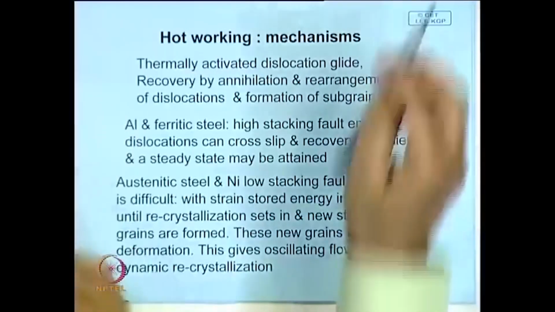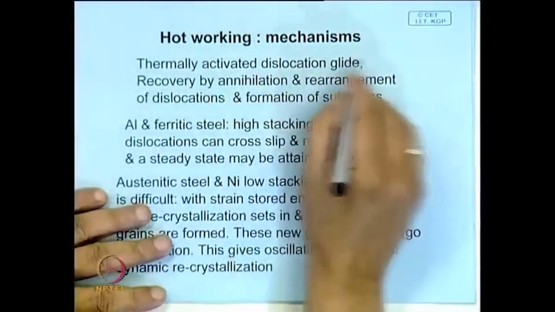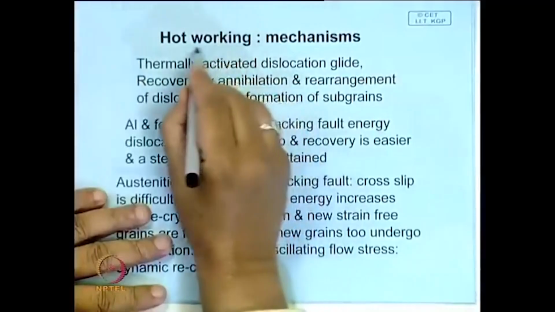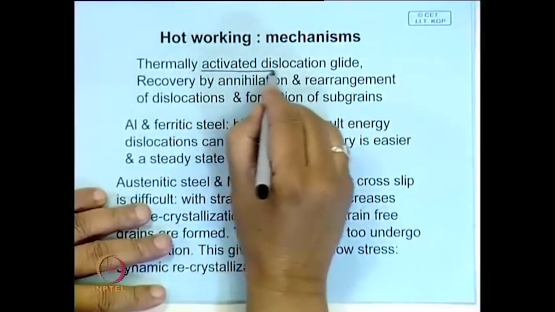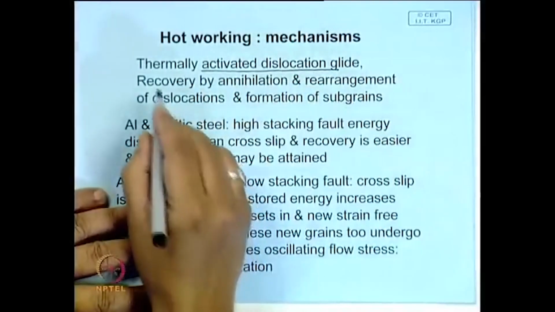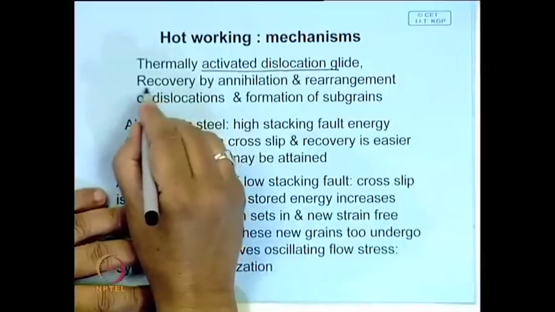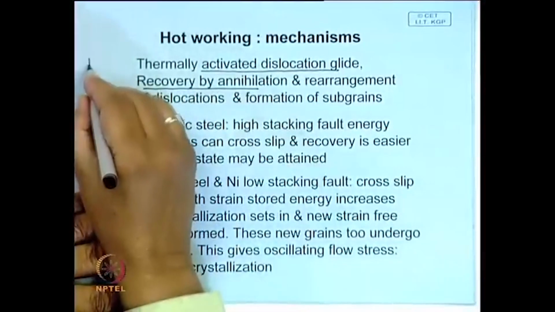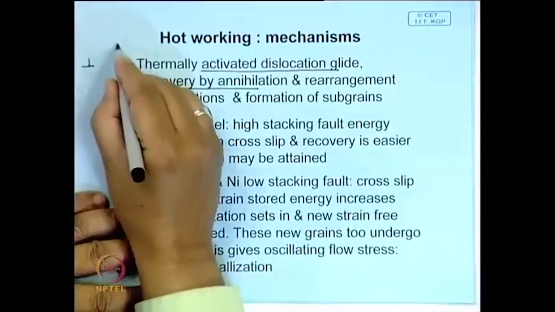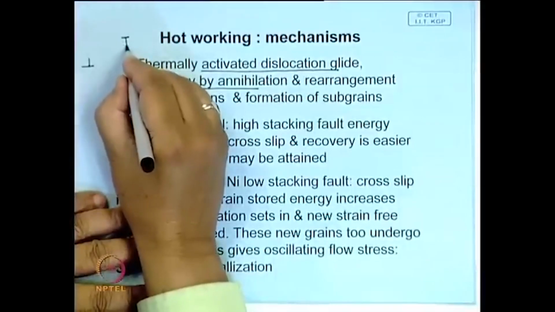So, because of this thermally activated dislocation glide, we can say that in hot working the primary mechanism is thermally activated dislocation glide, accompanied by recovery by dislocation annihilation. If there is a positive dislocation, there is a negative dislocation somewhere here.